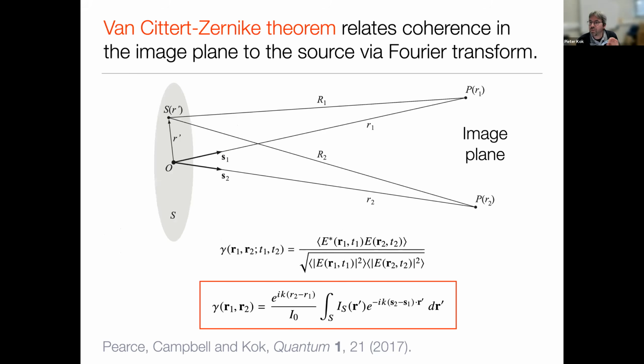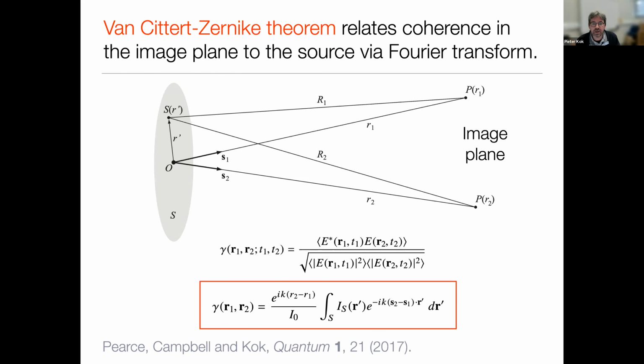And so why do we want to do it that way? Well, there is a theorem called the van Cittert-Zernike theorem, and it relates the coherence between two points in the imaging plane to the intensity in the source plane. So in gray here we see the source plane, and then we have P at R1 and P at R2, two points in the imaging plane.